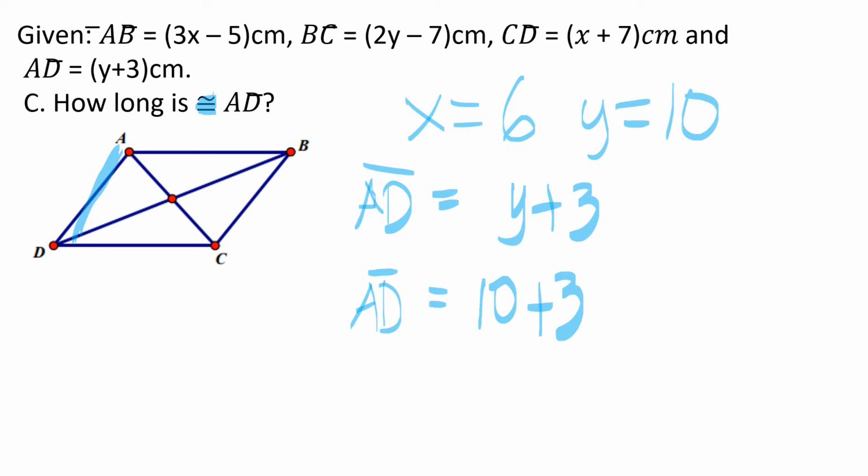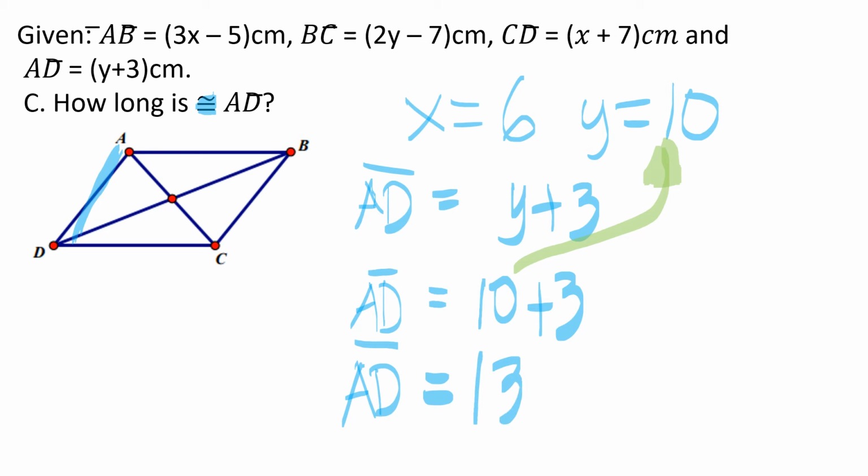We got the number 10 from this part. So side AD equals 10 plus 3, which is 13. And that is now your final answer for the measure of side AD.